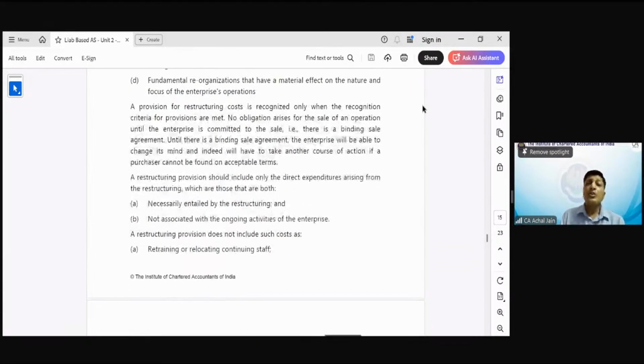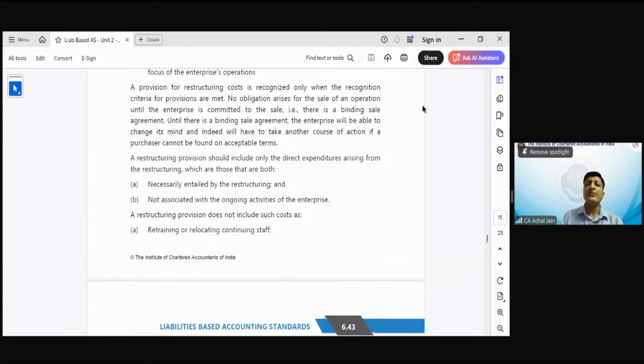Because of this restructuring, if any cost arises on the part of the company, you will have to assess whether it meets the criteria of a provision or not. If yes, then such a provision is required to be recognized immediately.